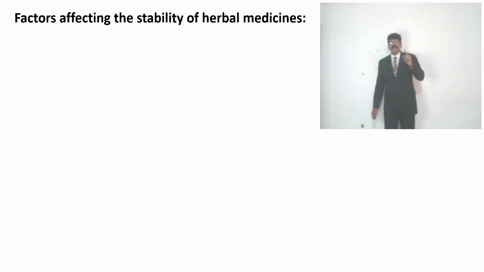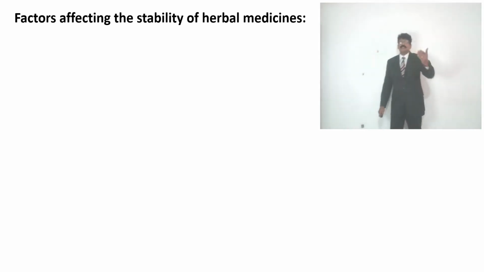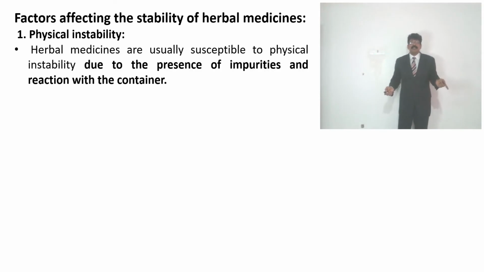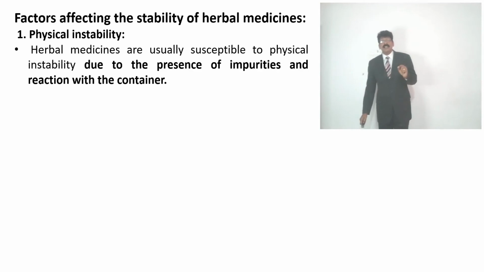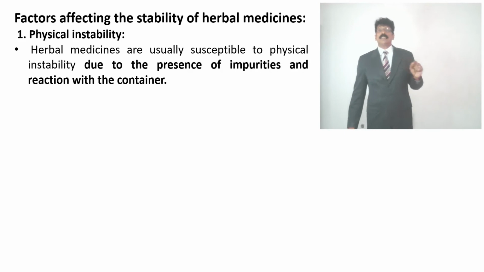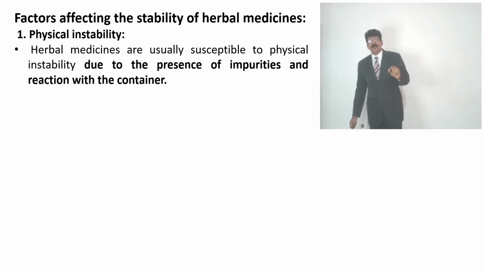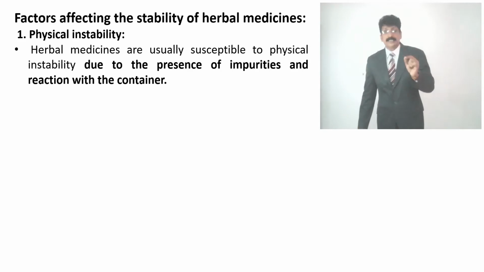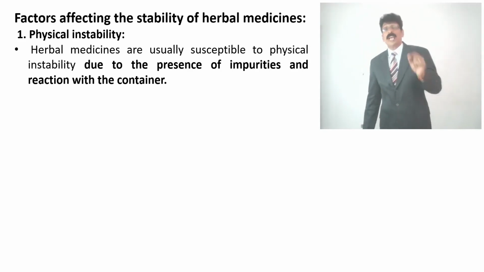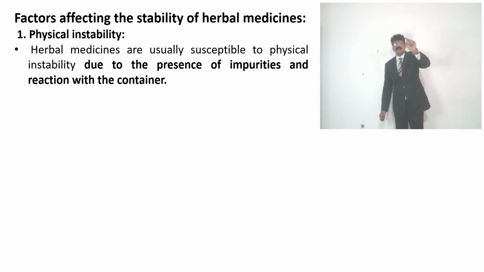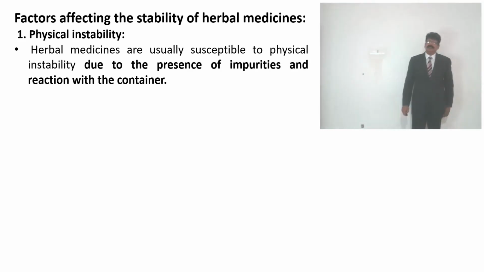Factors affecting herbal medicines, as we just discussed with the picture. Number 1, physical instability. Herbal medicines are usually susceptible to physical instability due to the presence of impurities and reaction with the containers. Containers and closures are made of many materials which may influence or react with the components packed in them.